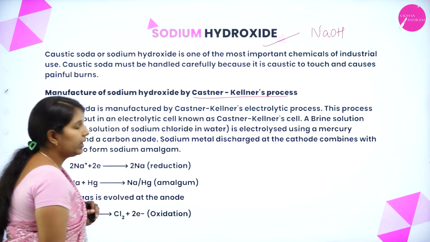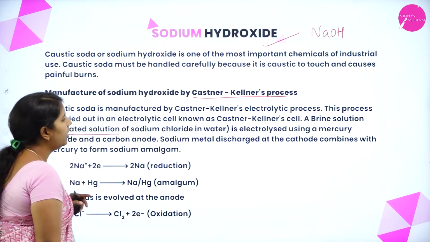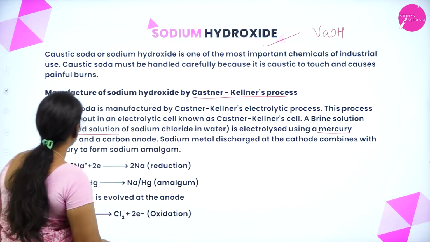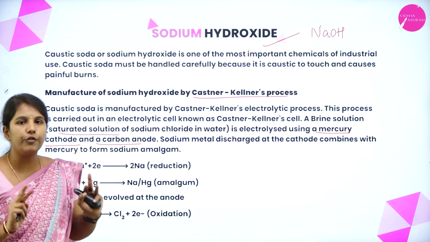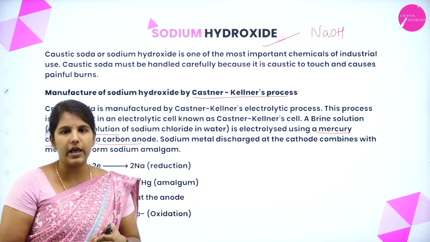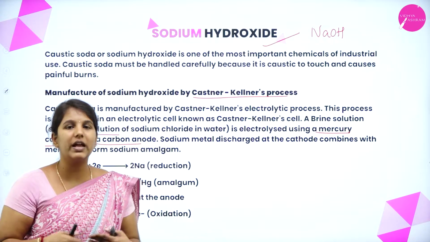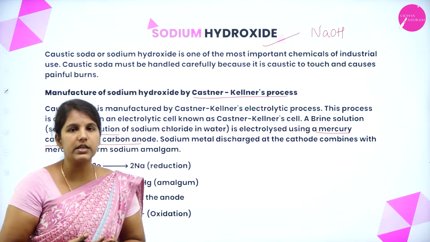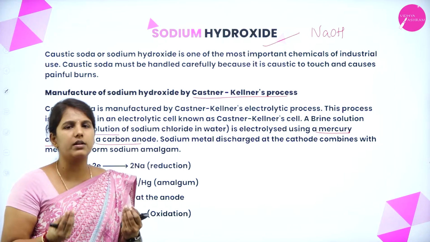We consider the brine solution, a saturated solution of sodium chloride in water, which is electrolyzed using mercury as a cathode and carbon as an anode. So we are using two different electrodes, a mercury cathode and a carbon anode. And which electrolyte are we using? We use the brine solution itself as the electrolytic solution. Remember, brine solution is a concentrated solution of sodium chloride dissolved in a very small quantity of water.